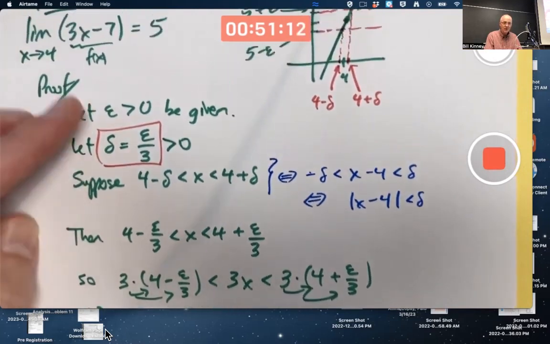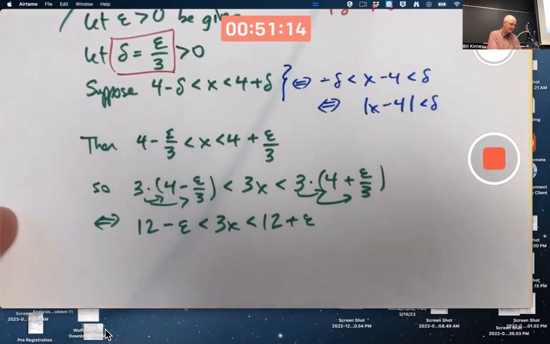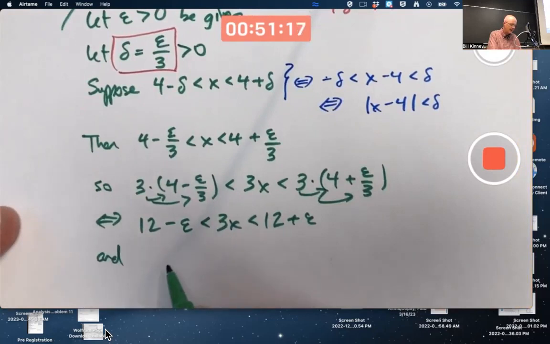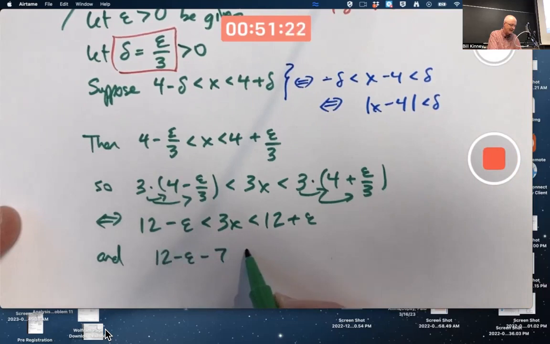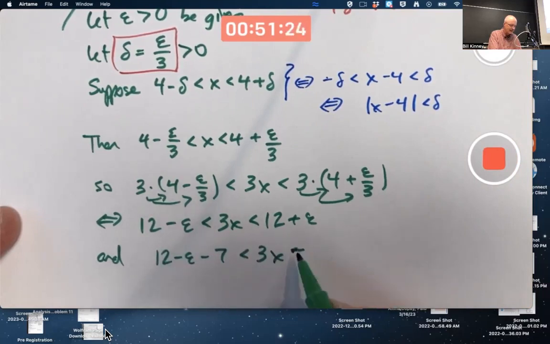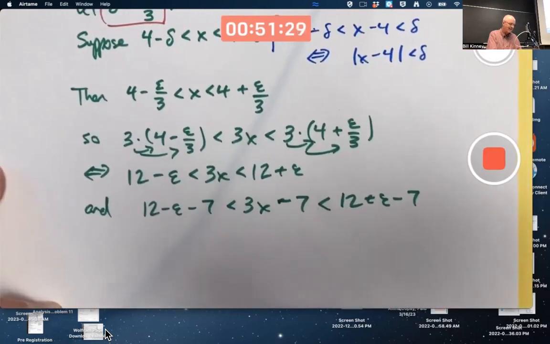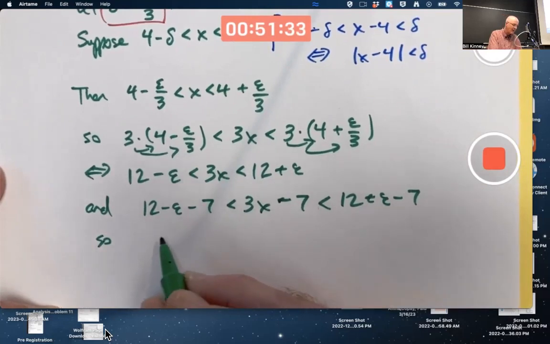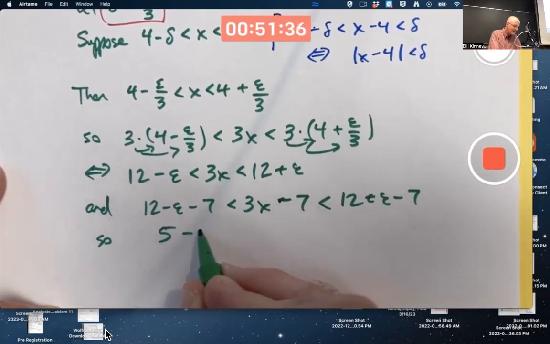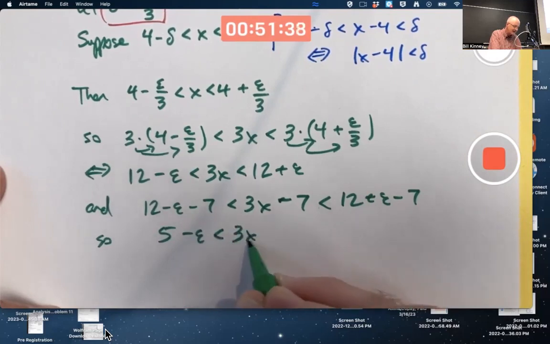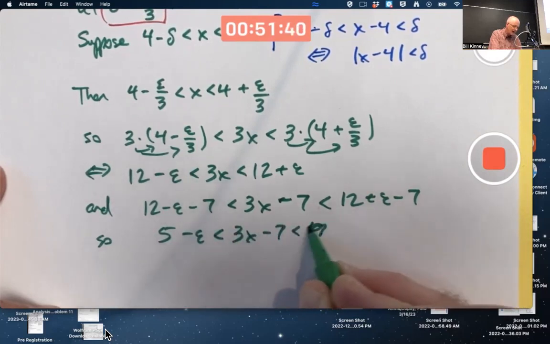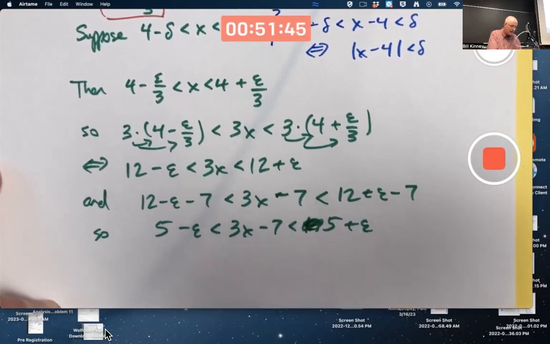I'm almost there. Now just subtract 7 from everything. It's kind of a run-on sentence here. 12 minus epsilon minus 7 is less than 3x minus 7 is less than 12 plus epsilon minus 7. Big run-on sentence. So simplify. 12 minus 7 is 5. 5 minus epsilon is less than 3x minus 7 is less than 5 plus epsilon. That does it. We're done.